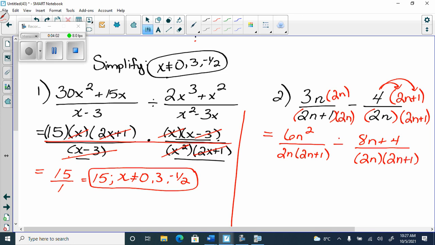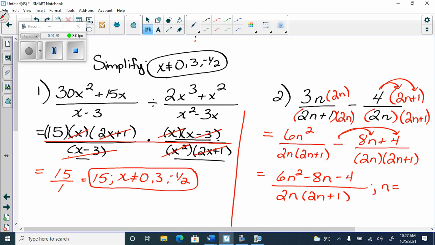Then I have to remember with subtraction, which you'll have tomorrow. You're going to get a subtraction where you have to do this. You have to remember to subtract both of them. So I get 6n squared minus 8n minus 4 over 2n plus 1. n can't equal 0 or negative a half.